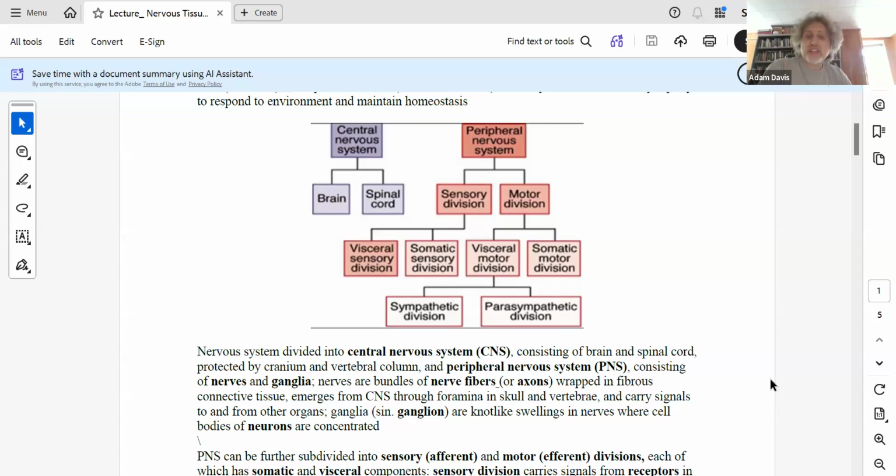The somatic sensory division is largely responsible for collecting sensory data from the bones, the muscles, the skin, the connective tissues like cartilage, tendons, and ligaments, as well as from the external environment.